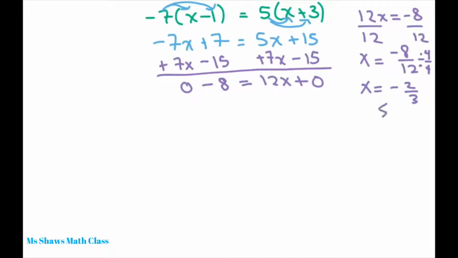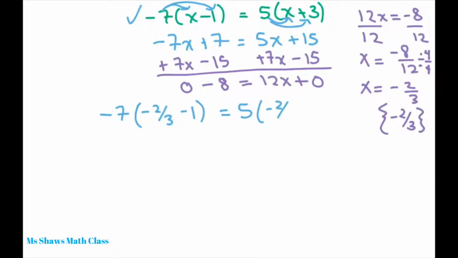So my solution set is negative 2/3. Now let's check this out and see if our solution is correct. So we're going to write negative 7 times negative 2/3 minus 1 equals 5 times negative 2/3 plus 3.